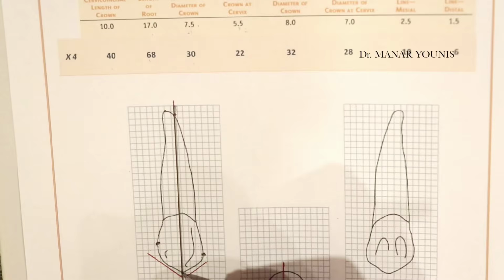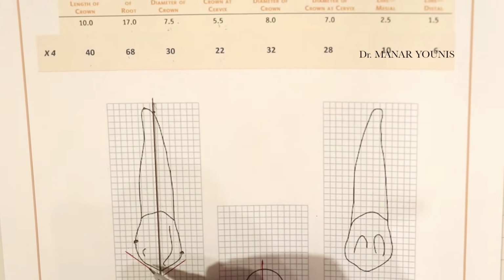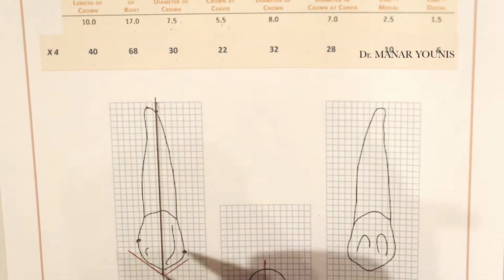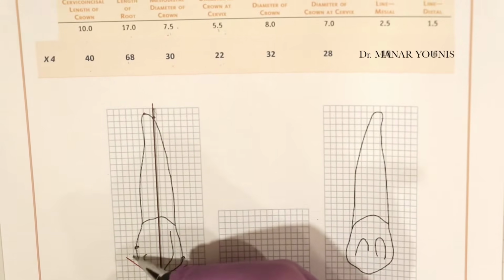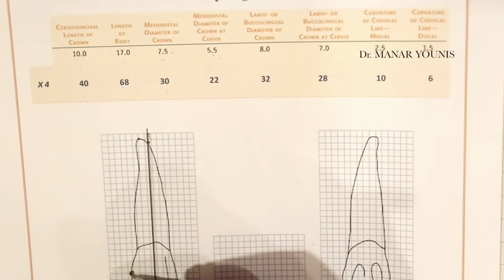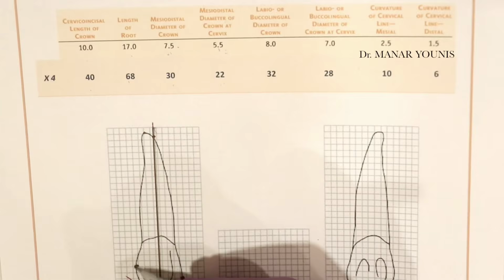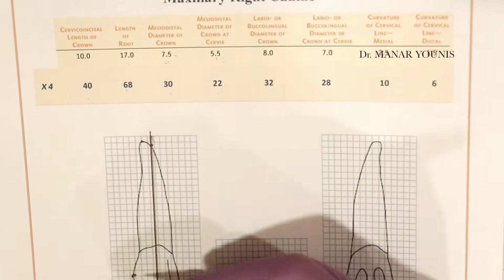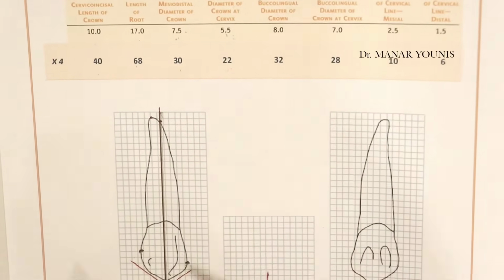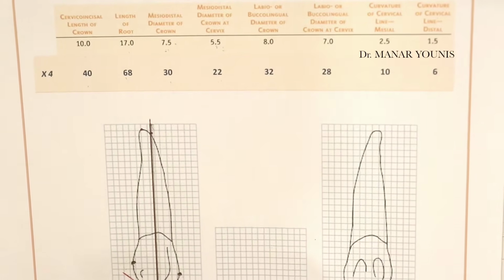The cusp tip is located in the center of the root, in line with the long axis of the root, while the distal outline is slightly concave from the cervical line to the distal contact point. Around the distal contact point, it's convex. Then it becomes straight again toward the cusp with a slight tendency toward concavity.